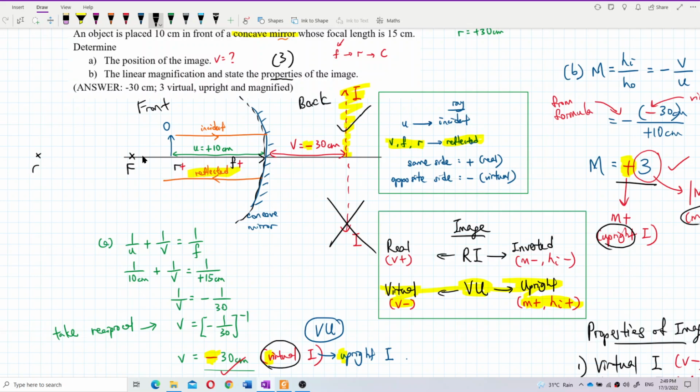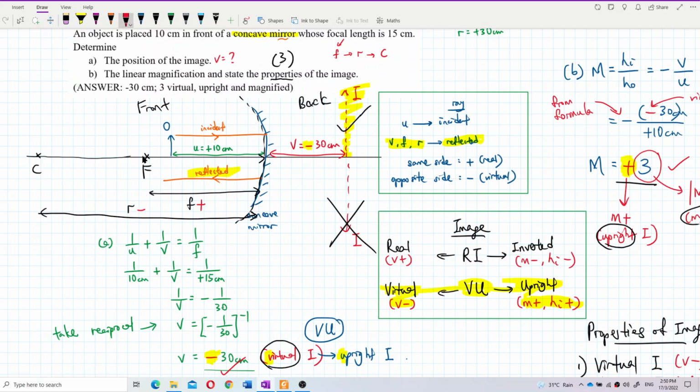The center of curvature is further down. Okay, let me draw again. The focal point is over here. F is positive because it's on the same side as the reflected ray. And here you have the radius, the center of curvature. R is also positive.